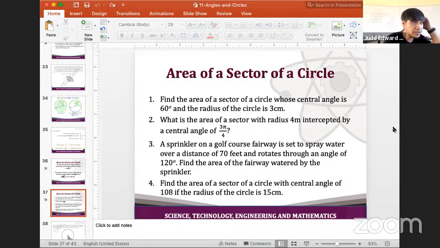Okay, what is the answer for number 1? Malakas ba internet mo, Jamela? What is your answer sa number 1, Jamela? Naririnig ba ako?